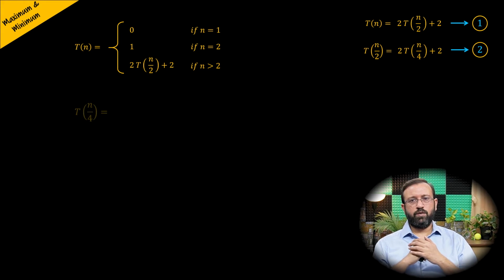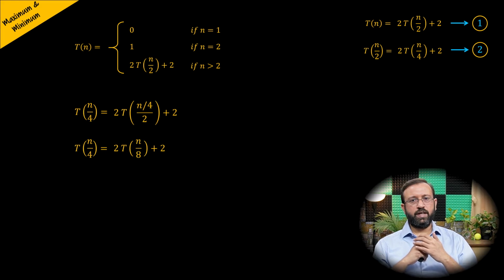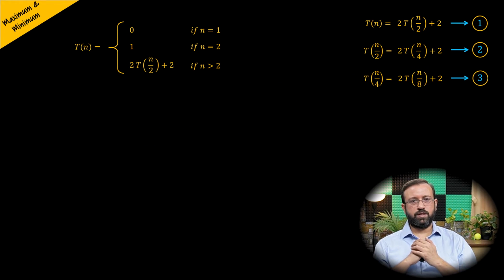In the same way, what will be the next occurrence, t of n by 4? t of n by 4 will be, we substitute n by 4 in place of n. So we will have t of n by 4 is equal to 2t of n by 4 in place of n divided by 2 and then plus 2 from the original expression, which is equal to 2t of n by 8 plus 2. So this becomes our third equation.